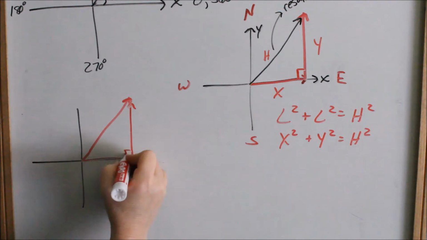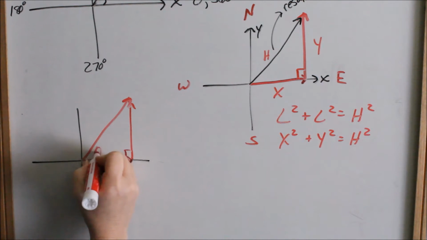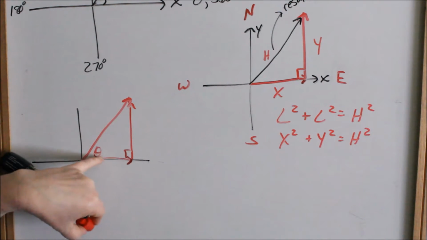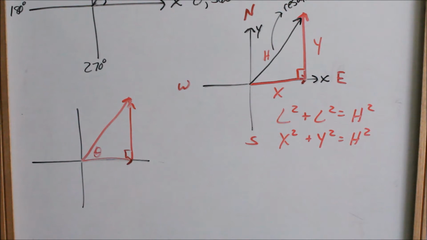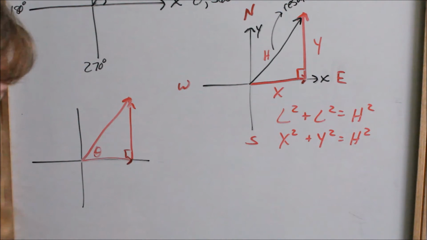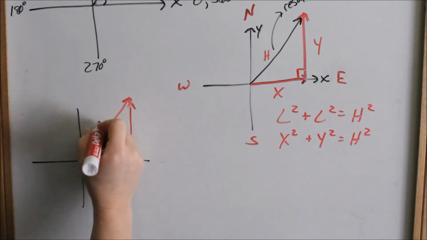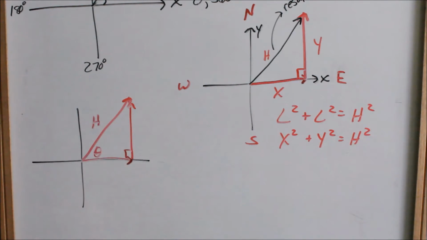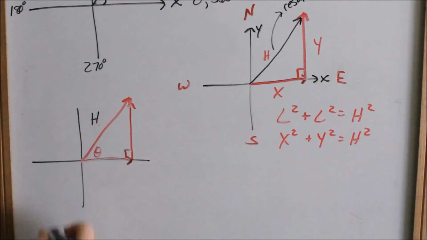Okay, right triangle. You can always use trig functions on right triangles. I'm going to call this angle theta. That would be the direction of the magnitude, whatever degrees that is, whether it's 45, 60, whatever. So remember, in trig functions, if theta is here, the hypotenuse is always across from the right angle. So here's your hypotenuse.